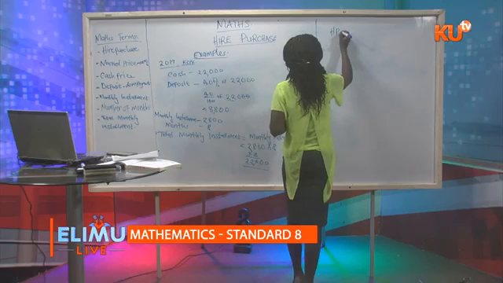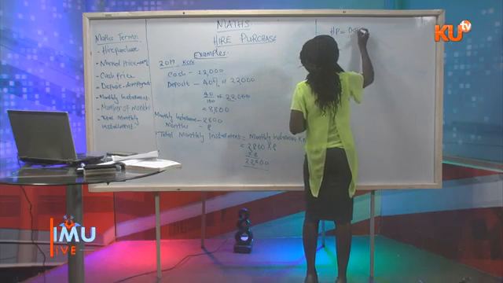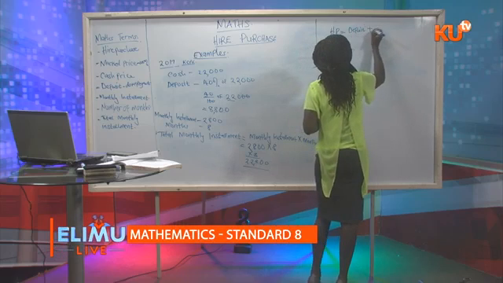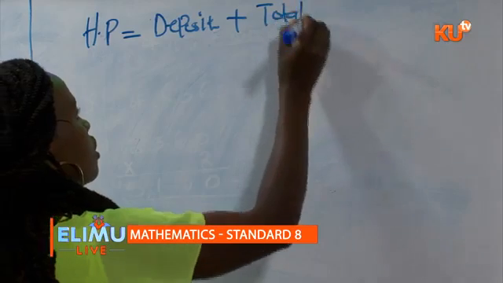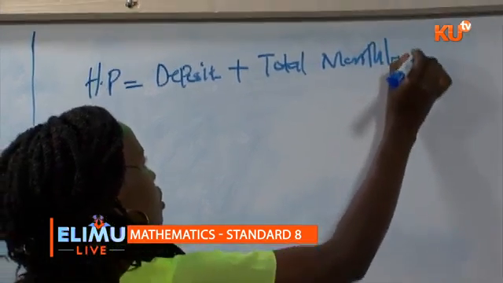To get the hire purchase, we take the deposit plus the total monthly installment.